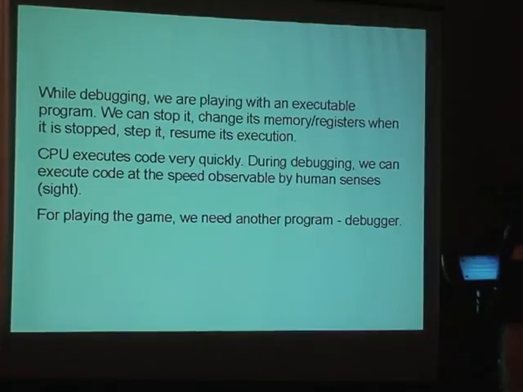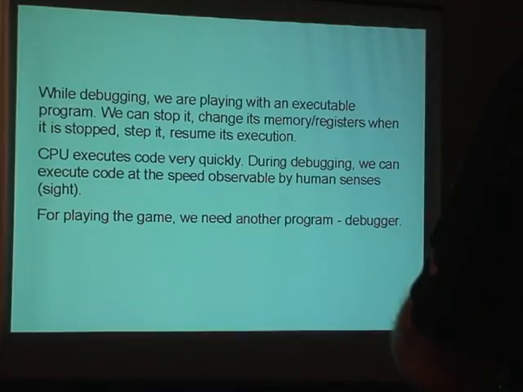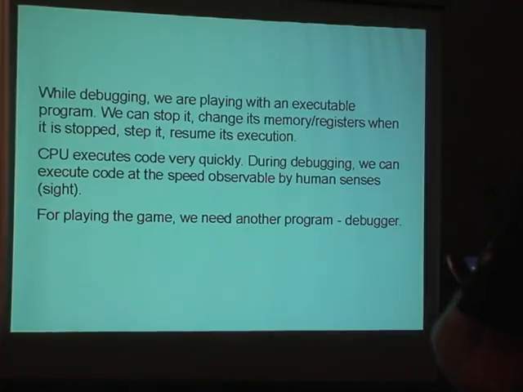Everybody knows that the CPU executes the code very quickly. During debugging, we can execute the code at a speed observable by human senses. For playing the game, we need only one program. We need another program, the debugger.